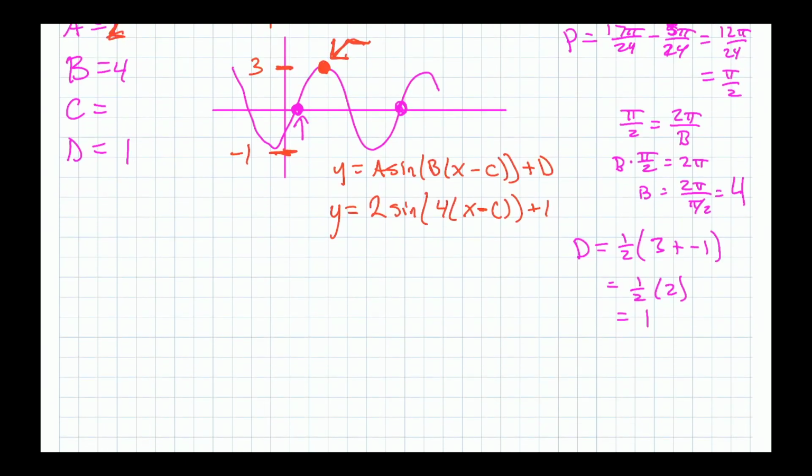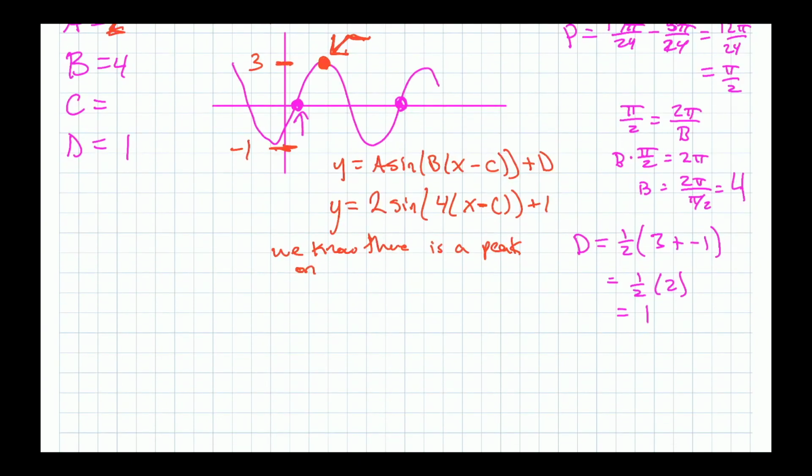So we know there is a peak on our graph of, what is it, 5 pi over 24? Now this is what I was trying to avoid. There's a peak at 5 pi over 24.